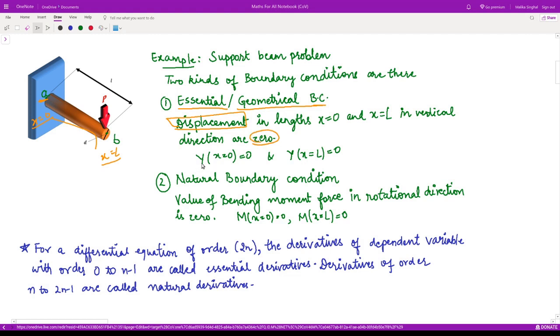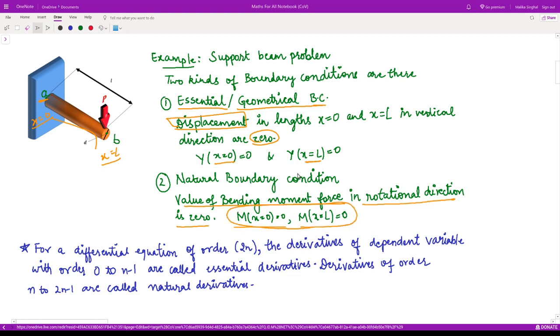So if the displacement is given by y, it is 0 at x is equal to 0 and it is 0 at x is equal to L. The natural boundary condition associated with this is that the value of the bending moment, the force in the rotational direction, is equal to 0. So the moment force is 0 at these 2 points.